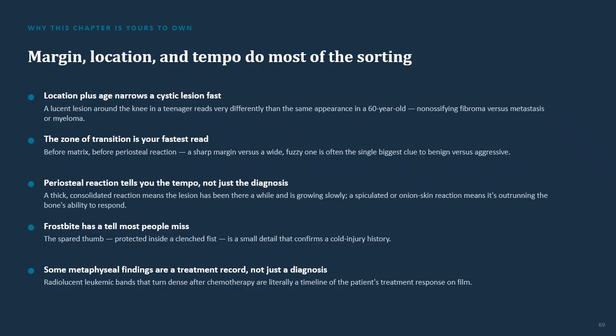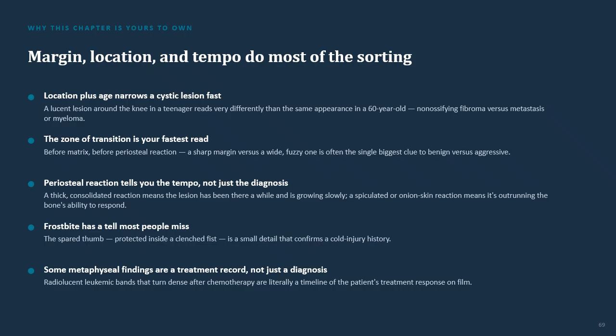An example would be if we're seeing some sort of lucent lesion around the knee in a younger patient, it might be something benign like a non-ossifying fibroma, whereas if we're seeing that same area in an older patient, then we could be more concerned with something like metastatic disease or myeloma.